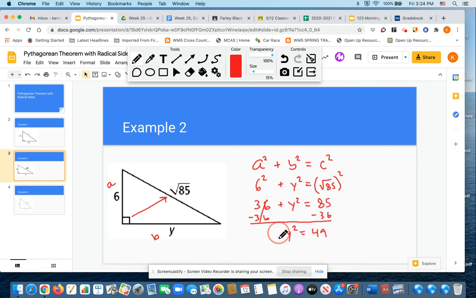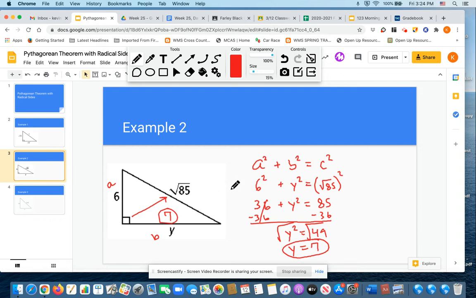Okay, square rooting both sides. And if I do that, the square root of y squared is y. The square root of 49 is 7. I just found out that the length of this side here, which is y, is 7 units long. So there you have it. All right, that's the second example, again with another square root.